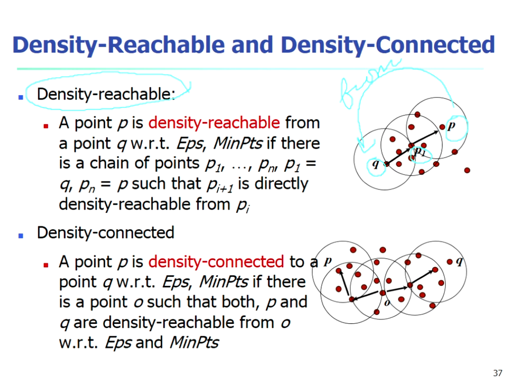The third concept is density connected. A point P is density connected to a point Q. This is an example of density connected.